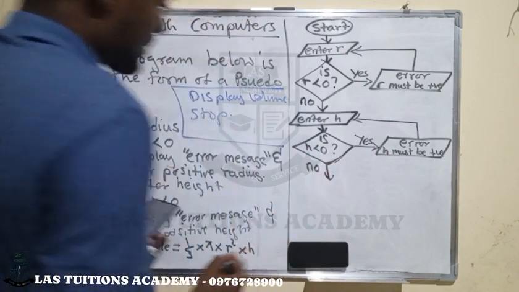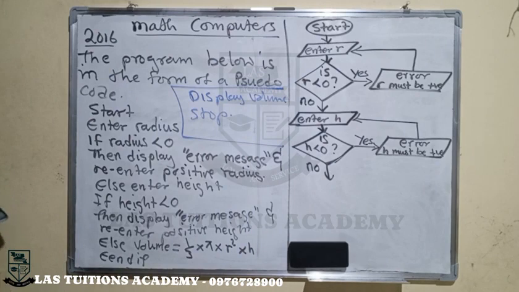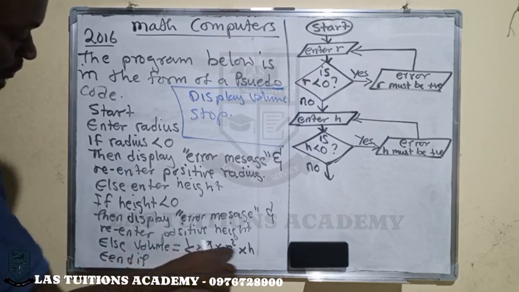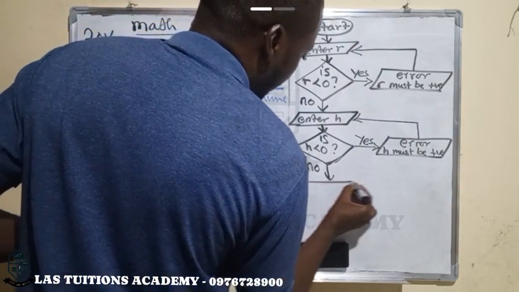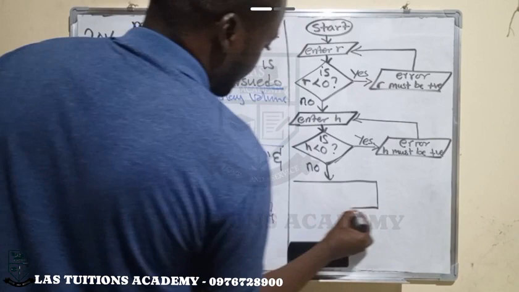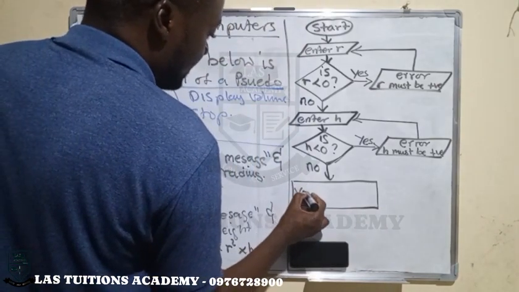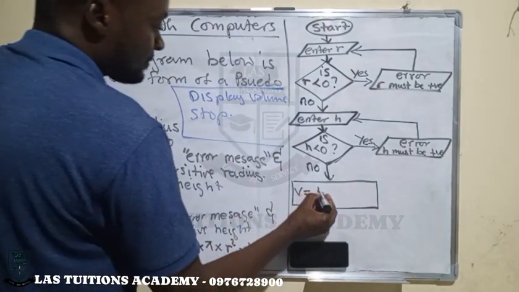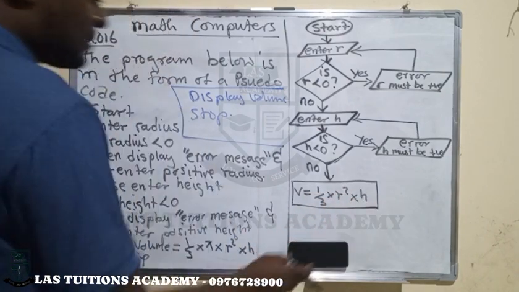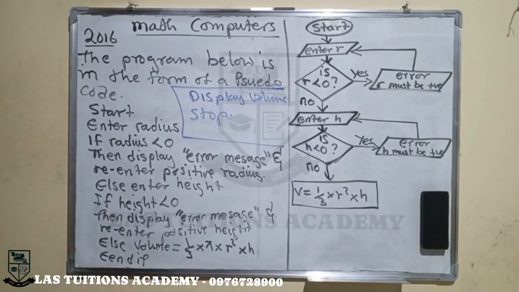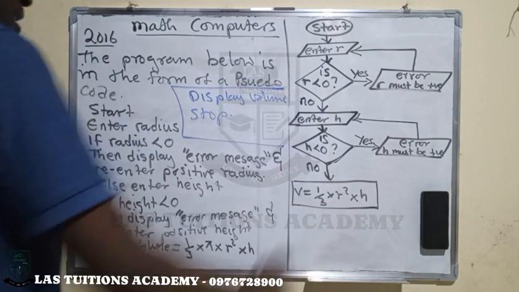What should you do according to what we have here? Else, meaning if it's not less than 0, else our volume is equal to this. So else, then we know volume, there should be some calculations here, or process, which will be V is equal to 1/3 times R squared times H. Okay, that is if the H is not less than 0, then volume can be calculated.